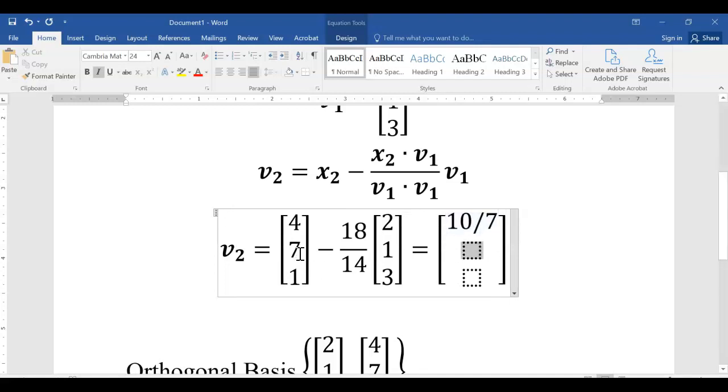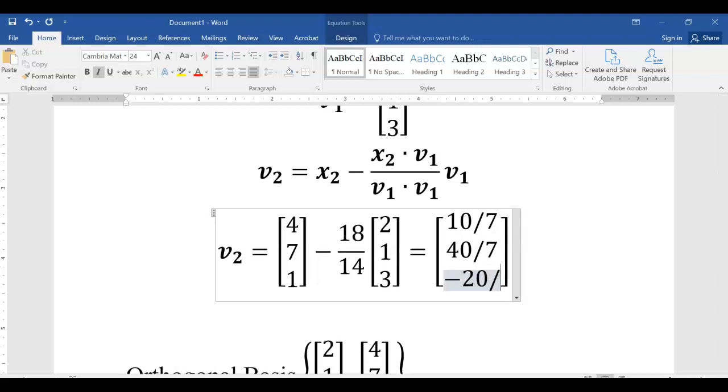When I take 7 minus 18/14 times 1, I end up with 4/7. And when I take 1 minus 18/14 times 3, I end up with minus 20/7.